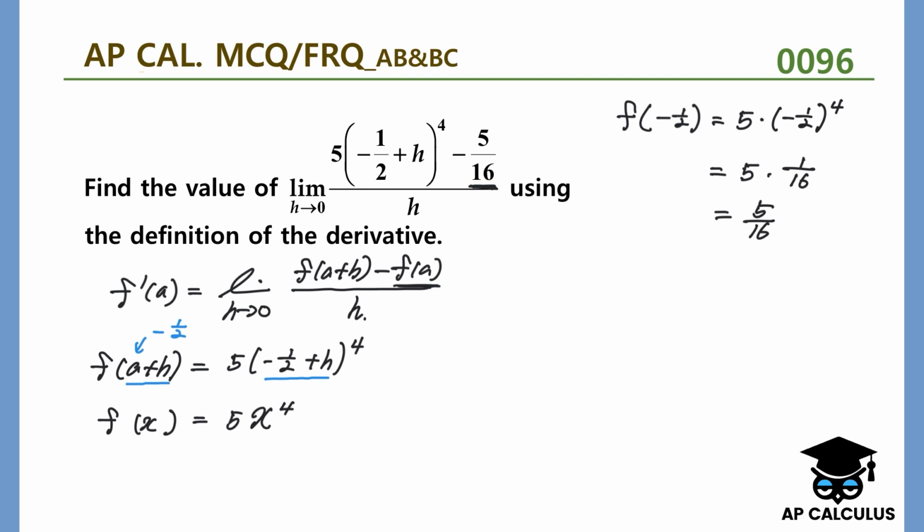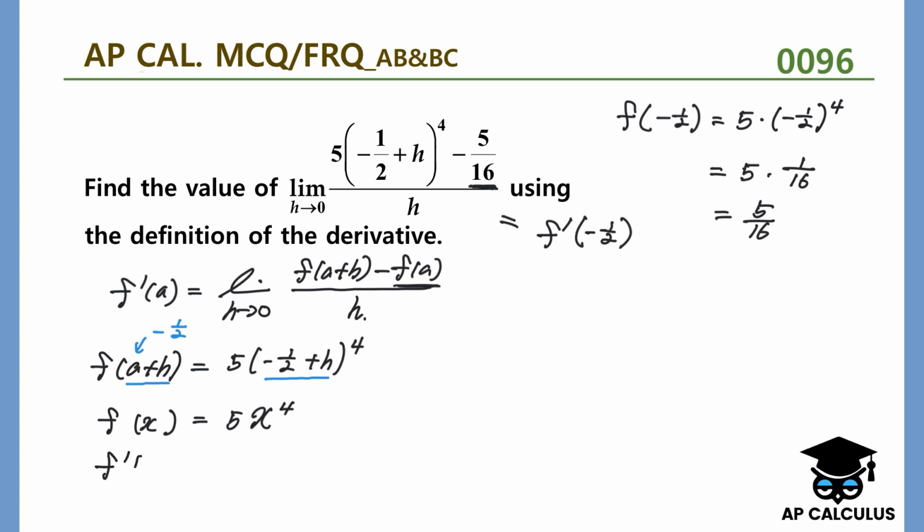Here, since a is negative 1 over 2, all of this limit value is equal to f prime of negative 1 over 2, right? So we have to find the value of this limit, and that is equal to f prime of negative 1 over 2. We know that f of x is equal to 5 times x to the power of 4, right? So let's find f prime of negative 1 over 2.